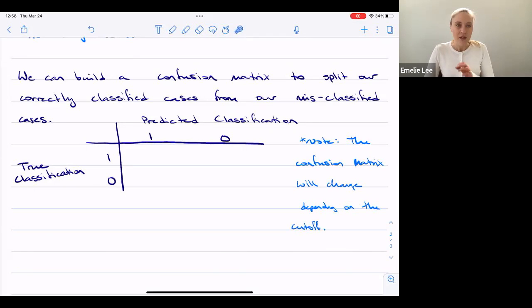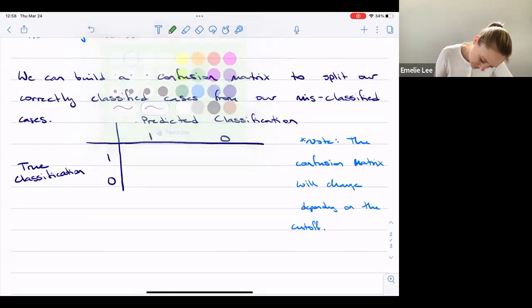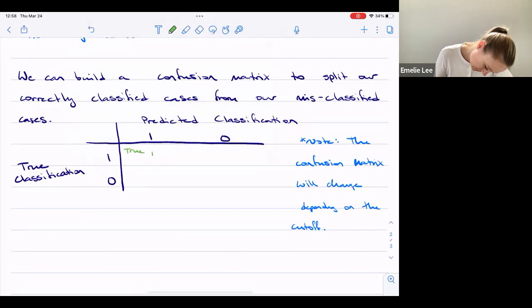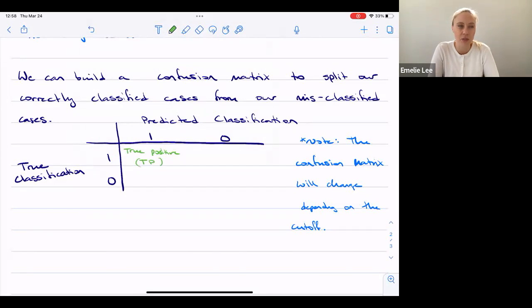Okay. If I predicted that it was going to be a 1 and it actually is a 1, that's good, right? That's a true positive. Let's abbreviate that as TP, toilet paper. No, true positive, right? Whereas if I predicted that it was going to be a 0, but it's actually a 1, what's that?